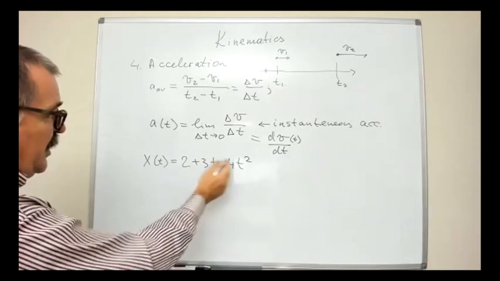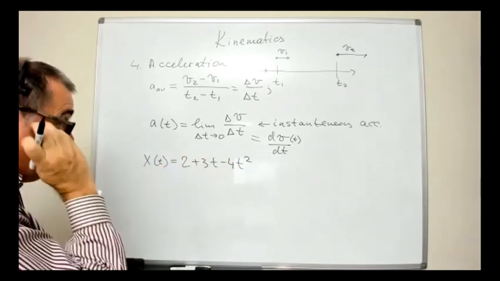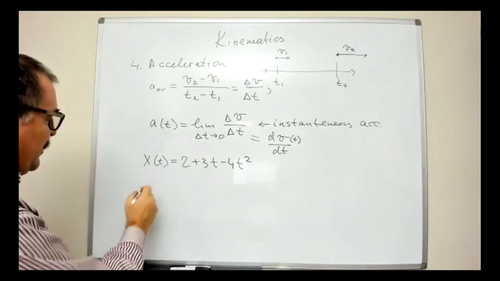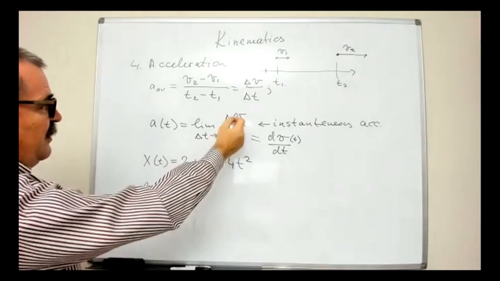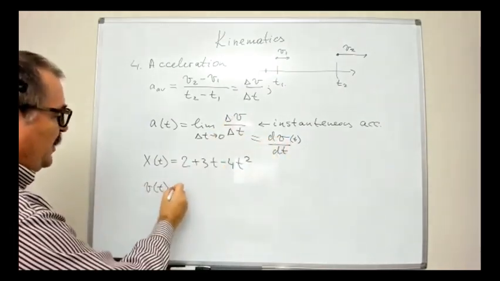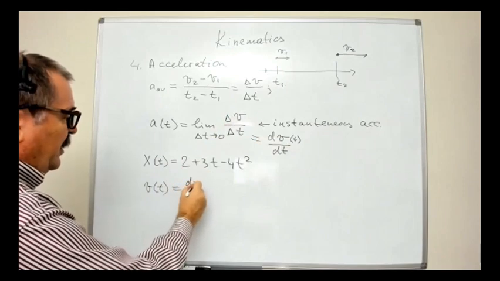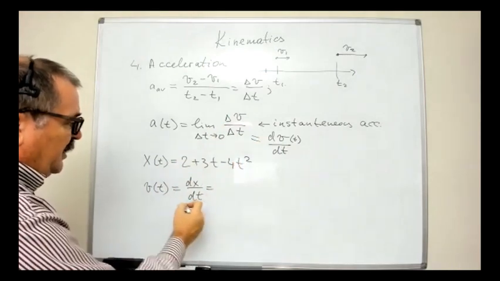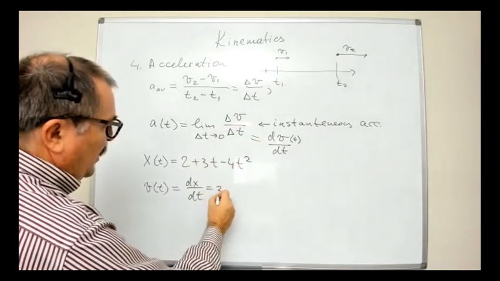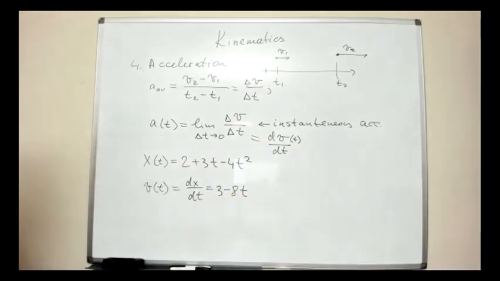All right, so let me find the instantaneous acceleration in this case. Well, first I will find instantaneous velocity because I need to find v as a function of t. That's the first derivative of position, right? And if I take the first derivative, it's going to be 3 minus 8t.